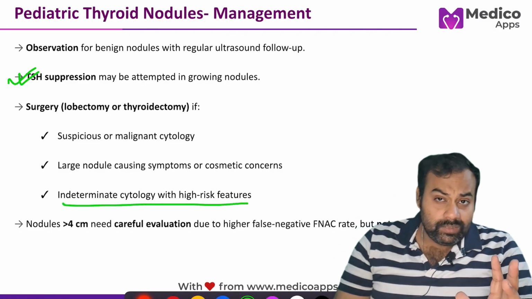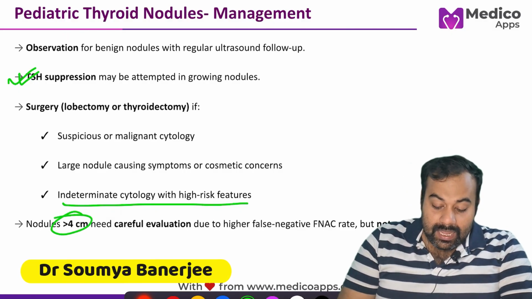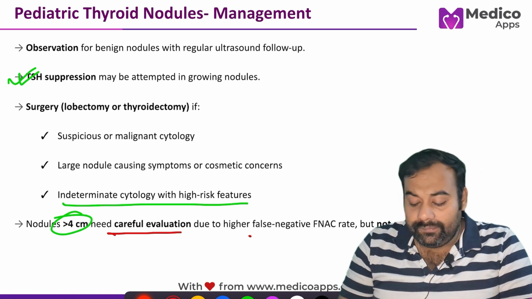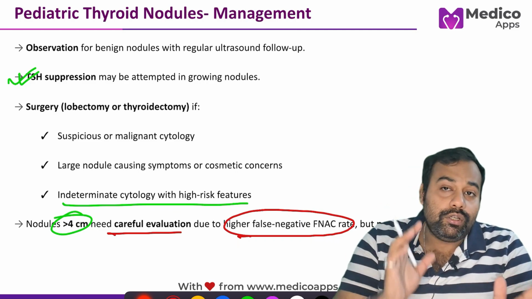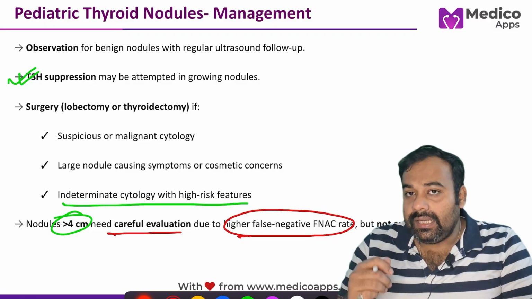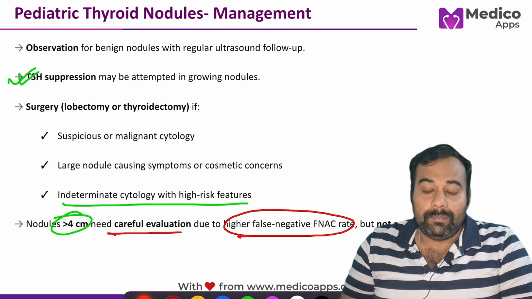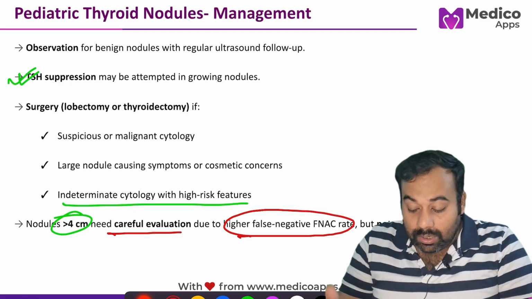Okay, now let's try to understand: if the nodule size is more than 4 centimeters, that basically needs careful evaluation because there is a high false negative FNAC rate. So that's why you need to take that seriously. There is a possibility that you might do the FNAC multiple times because of the high false negative rate.